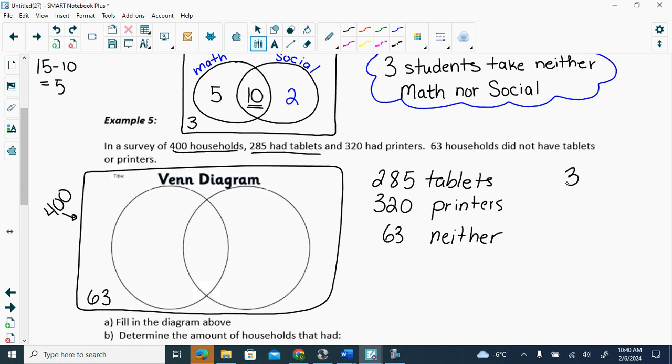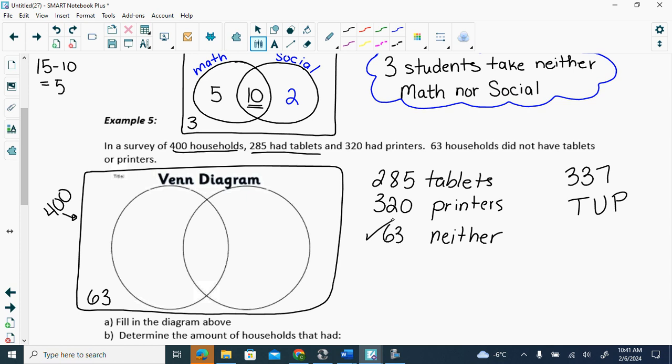We have 337 people left to complete the T or P. This one's done, 63. We already placed it on there, correct? So did everyone agree that there are 337 people left to fill these circles? Is that a true statement? Everyone understands how we got there? There's 400 total people. 63 have neither of those things. I have 337 because I went 400 minus 63 to fill the circles.